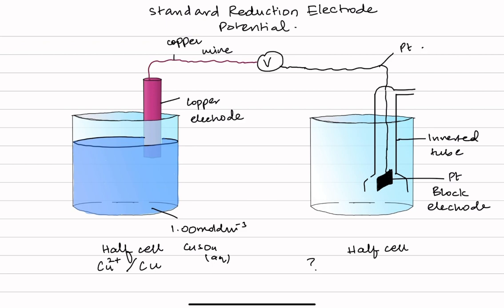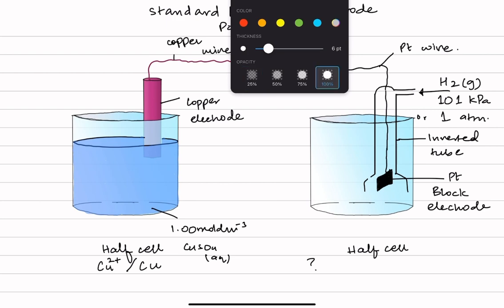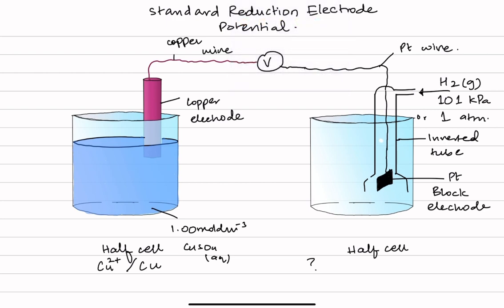The wire itself is made up of platinum. And there's going to be hydrogen gas bubbled through the tube on the surface of the platinum at a pressure of 101 kilopascals or 1 atmosphere.